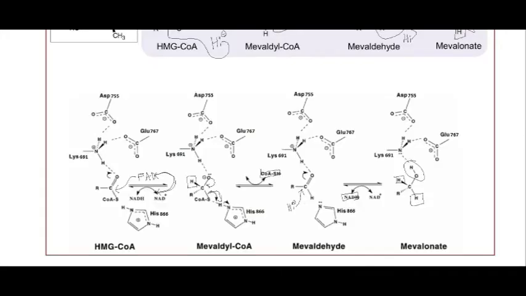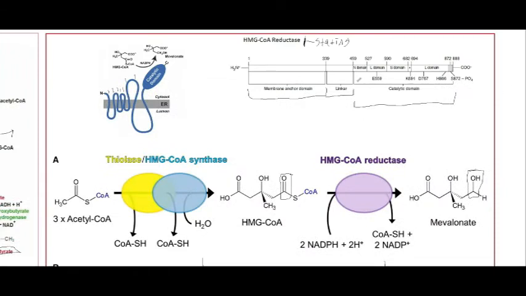I said up here that it's about 459, so just 3 amino acids over is where our structure begins, and that is just this catalytic domain. They do not have the linker or the membrane anchor domain in this structure.